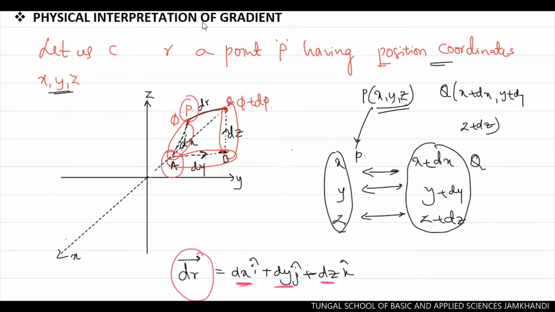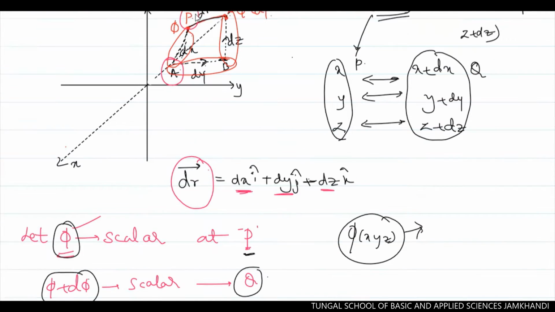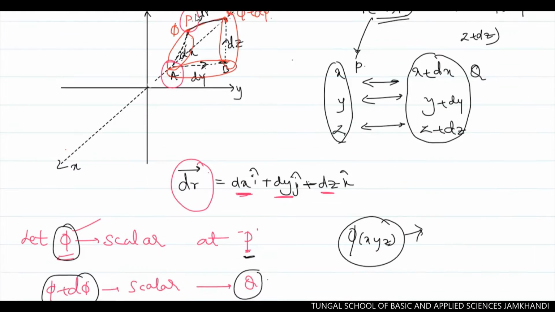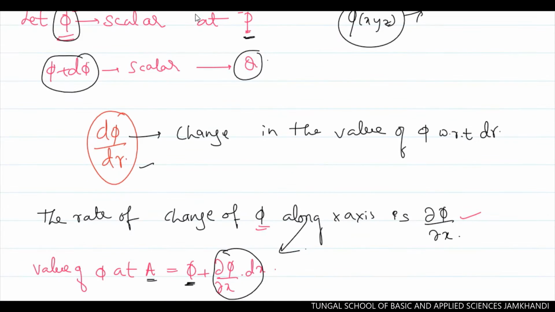Welcome all. So in the previous lecture we discussed the physical interpretation of a gradient. We defined a particular scalar function phi at a point P. Then we moved to a point Q, where we defined the change of that function, d phi, along the direction dr. So dr is the position difference, or distance, between points P and Q, with a scalar function phi.